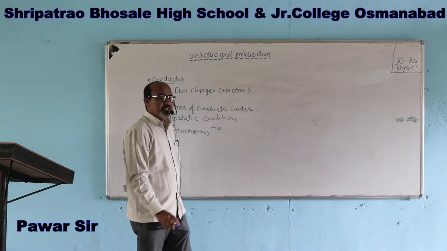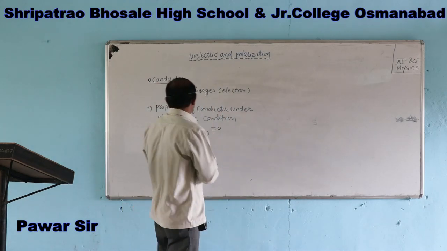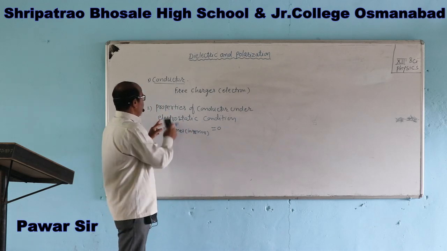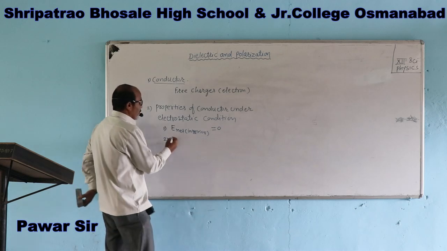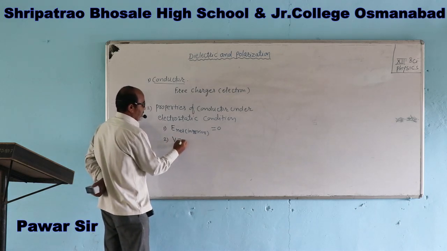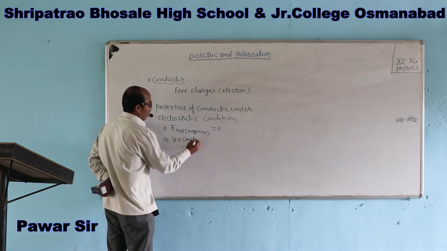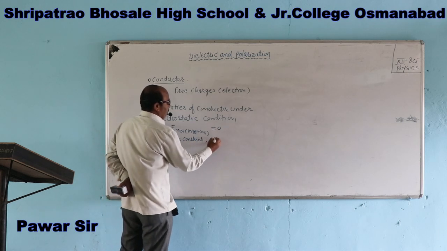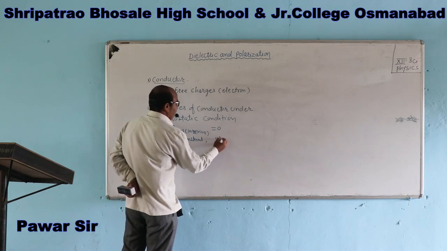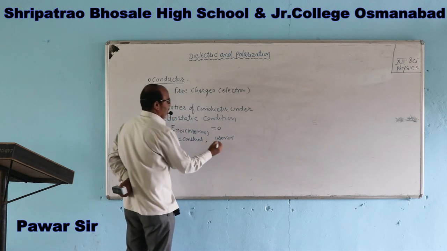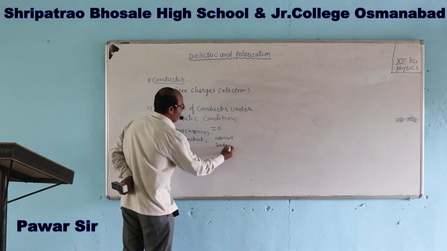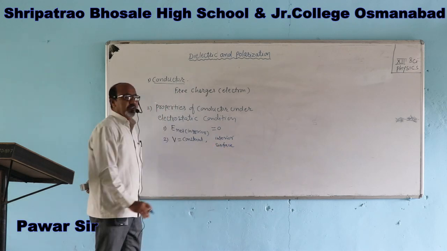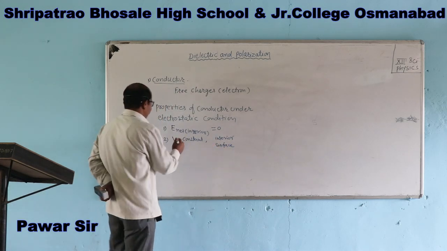What about the electric potential of such a conductor which is in electrostatic condition? The electric potential is constant, in the interior part or on the surface of the conductor.